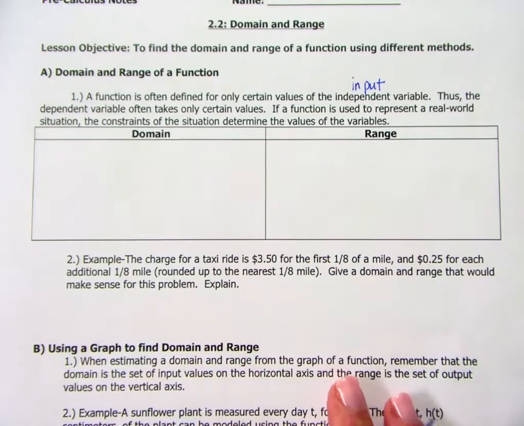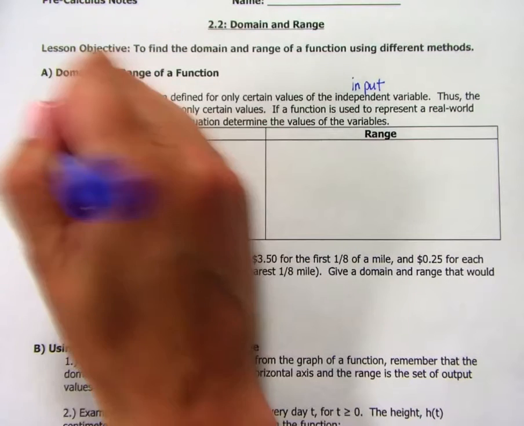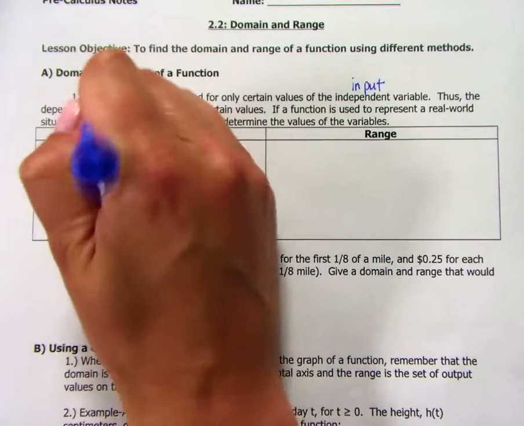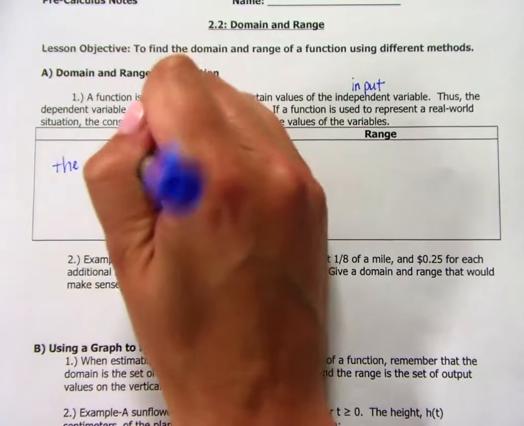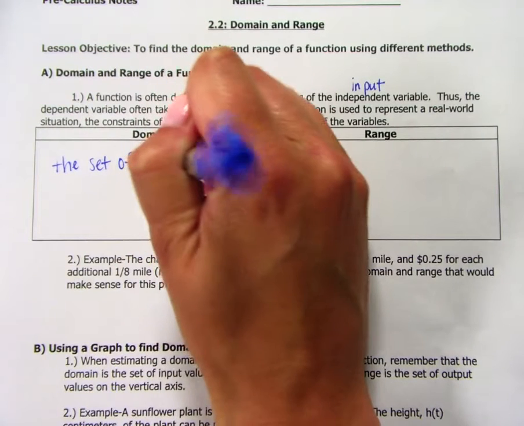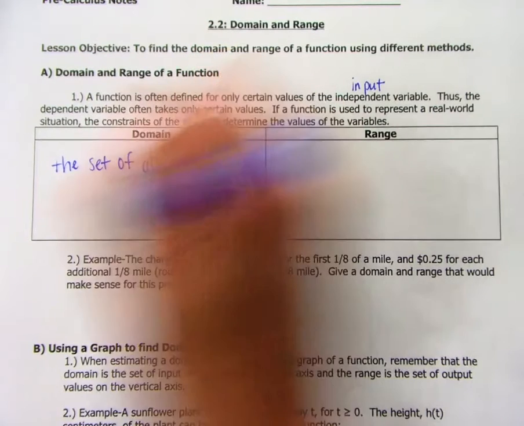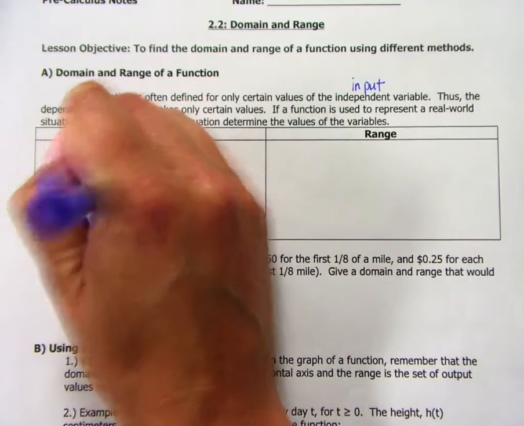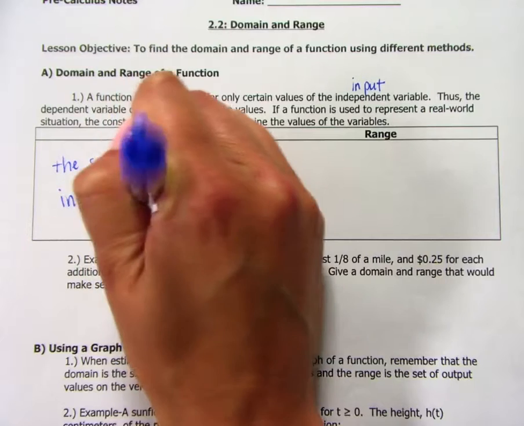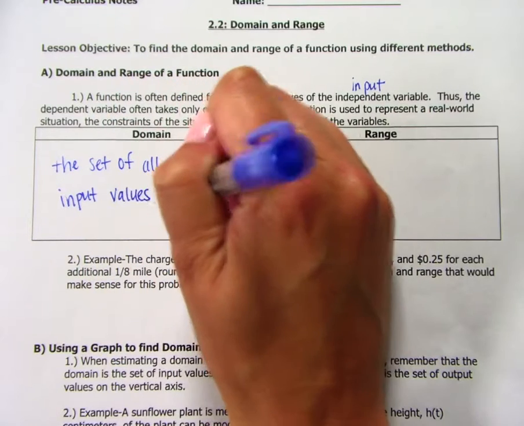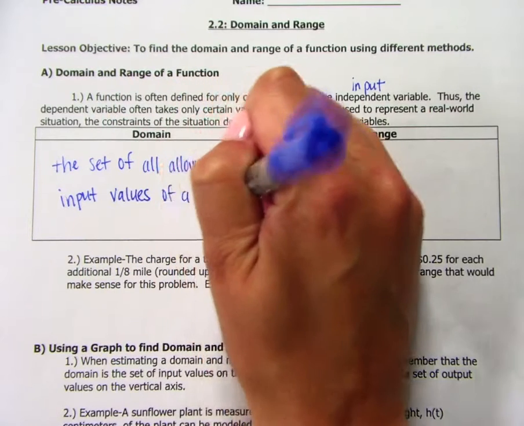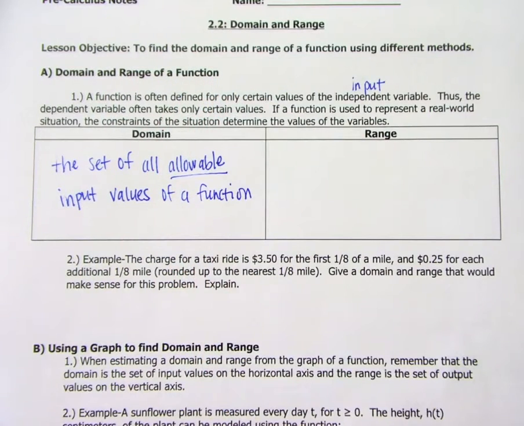So when we talk about domain, it is the set of all allowable input values of a function. And again, what is allowed in a function is determined by what situation the function is representing.